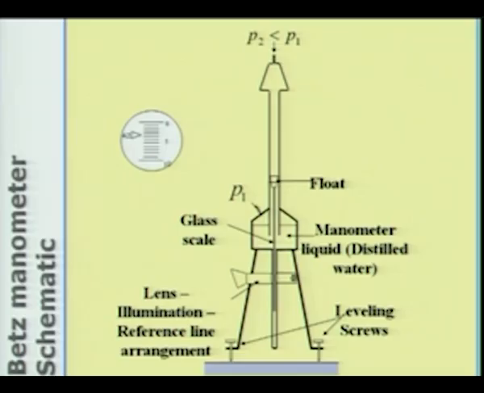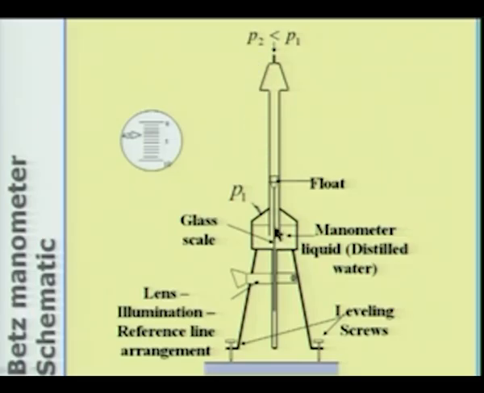The well is a very large reservoir of liquid, in the form of distilled water, and the space above the well is connected to the higher pressure P1, and the space above the column in the vertical tube is connected to the second pressure, the lower value.